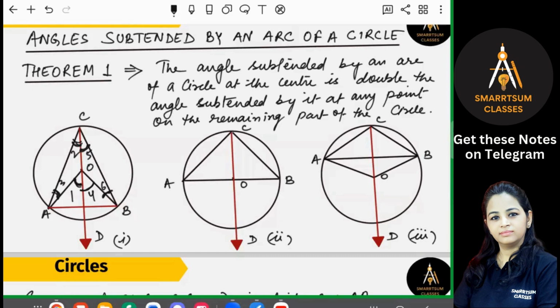Angle 2 and angle 3 here are equal because these are the angles opposite to the equal sides. OC and OA are equal, both are the radius of the circle, equal to R. That's why the angles opposite to the equal sides in a triangle are also equal. So angle 2 and angle 3 are equal. Is that clear? So let's quickly write it down.